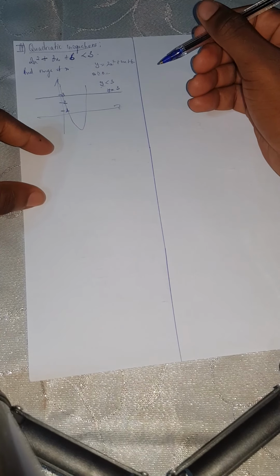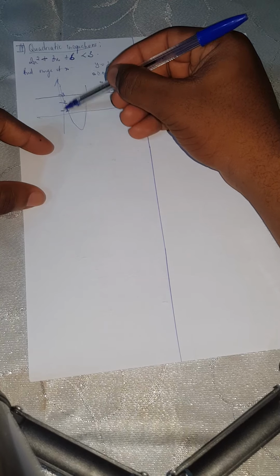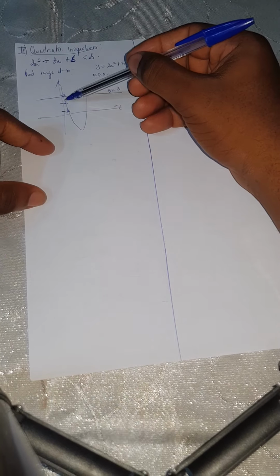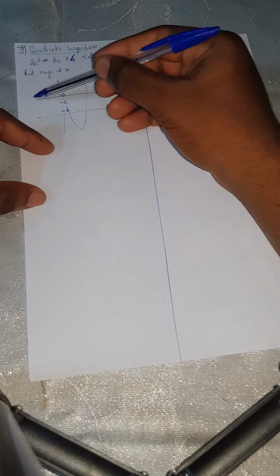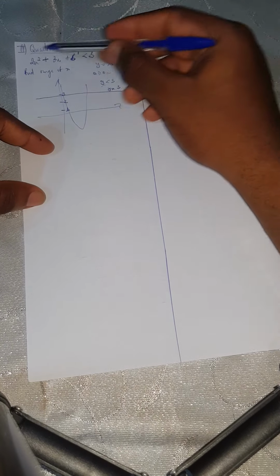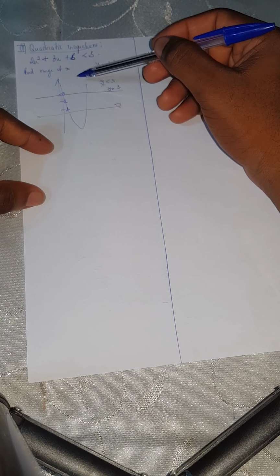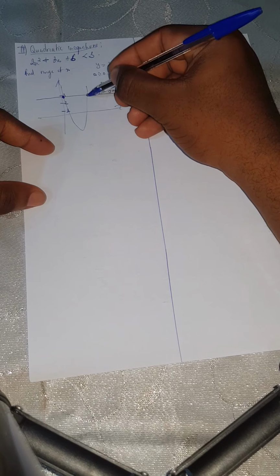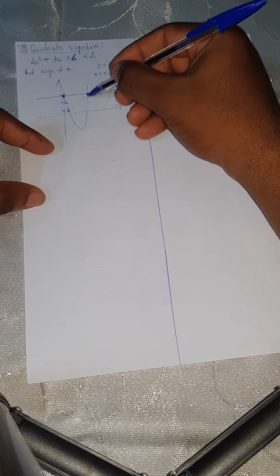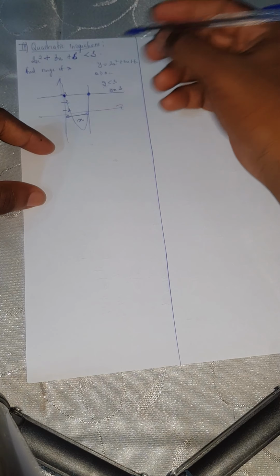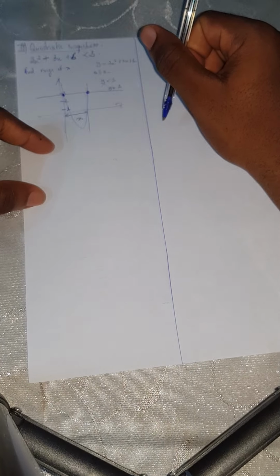Everything that will be underneath the line y equals 3, because it's less than 3, will respect this inequation. So from this point here to this point here on the graph, having this range of values of x, we are going to be in this inequation.